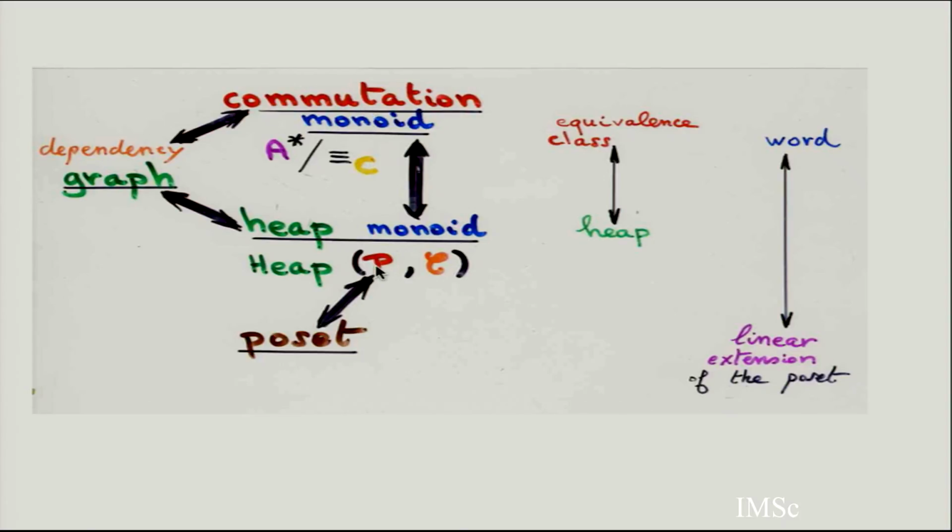The commutation monoid is isomorphic to a heap monoid. A heap gives you a poset. So the heap corresponds in bijection to the equivalence class of words, and each word of the equivalence class is in bijection with a linear extension of the poset. So graph theory can be embedded in heap theory. Any graph can be viewed as a dependency graph of a heap.